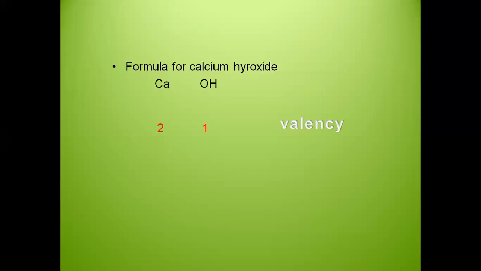Now you need to interchange the valencies. When you're interchanging the valencies, calcium is going to get the number 1. So there is no need to mention it. But OH, the hydroxide, together is going to get the number 2. So like I mentioned in the previous slide, we are going to put brackets, and outside the bracket I am going to write the number.